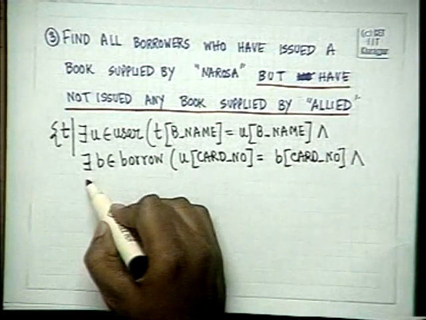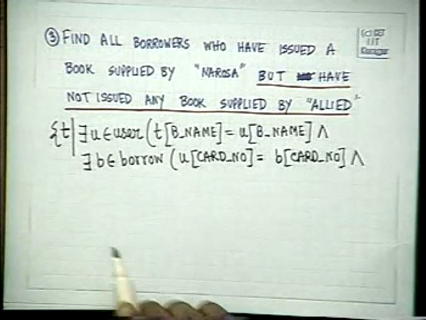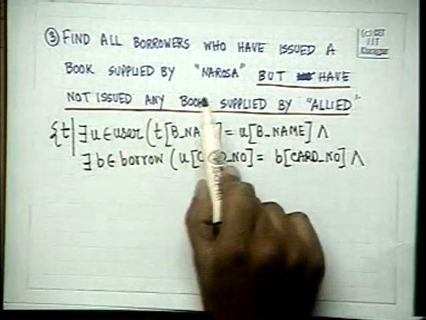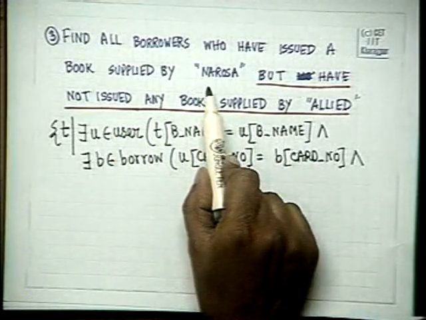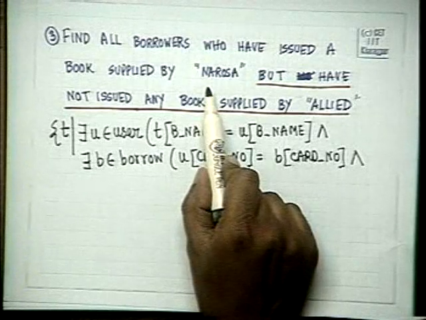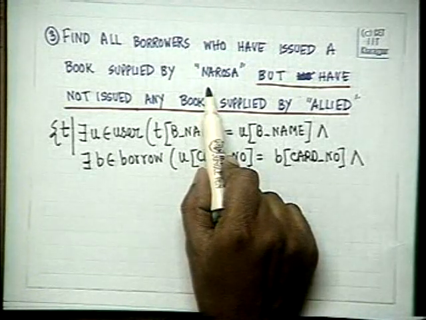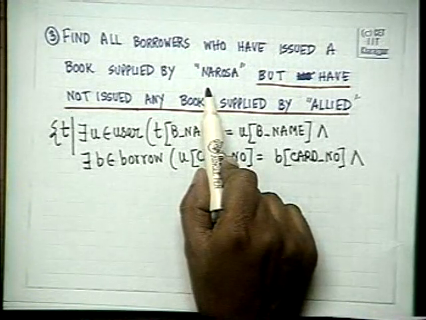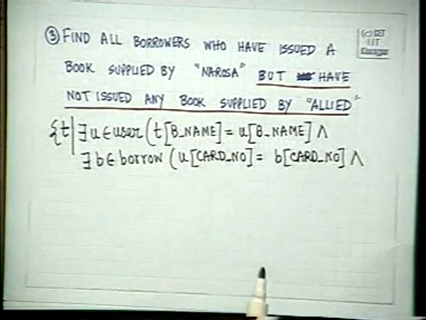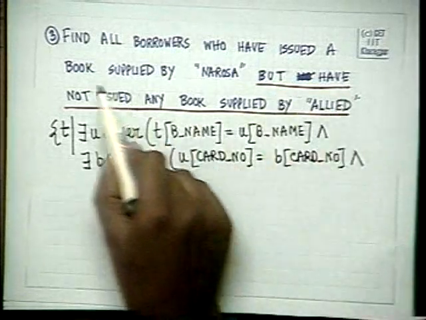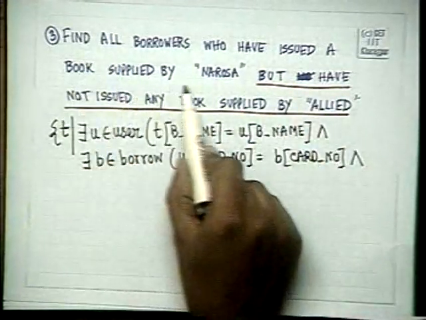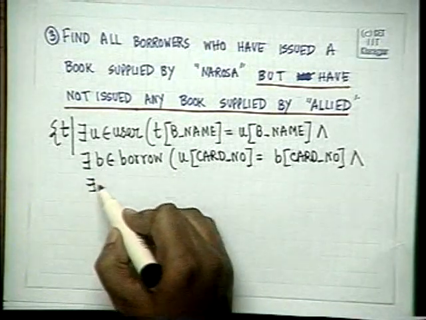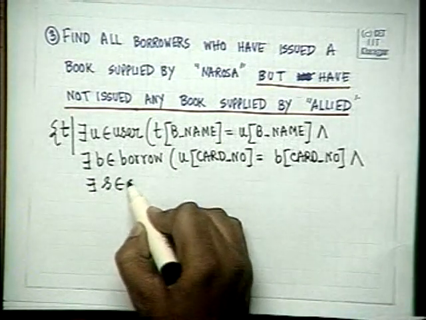and now there must exist two things. Firstly, there must exist a supplier such that the book is supplied by Narosa. That is the first thing. And for all books, so this is the first part. The first part is all borrowers who have issued a book supplied by Narosa. So, and there must exist S element of supplier.